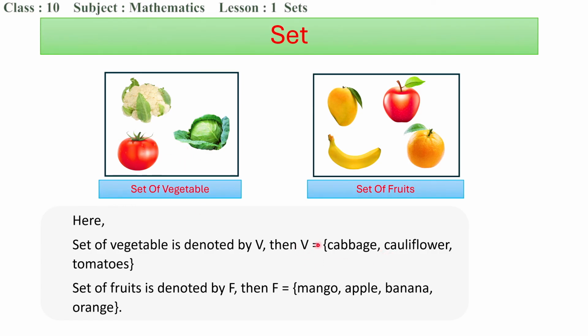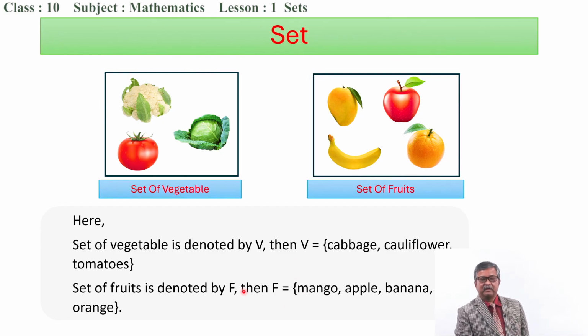The sets which we write in this form are called the listing method of sets. Similarly, the set of fruits is denoted by F, because the first letter of fruits is F. In the set of fruits, how many members are there? 4 members: mango, apple, banana and oranges.